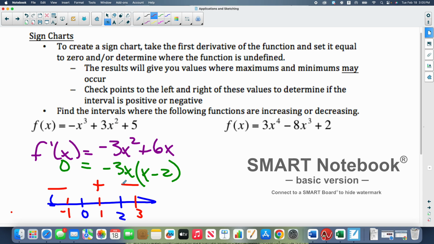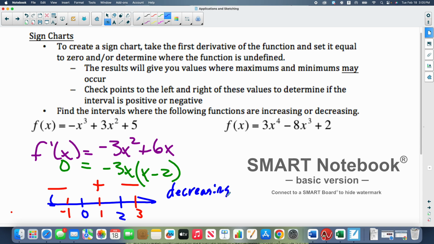Okay? Now again, this is the derivative, correct? So this is all about slope. This is negative slope. This is positive slope. That's negative slope. Okay? So when it says find the intervals where this is increasing or decreasing, all right? It's decreasing when the slope is negative.